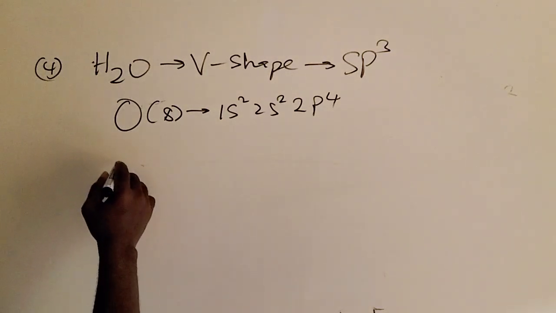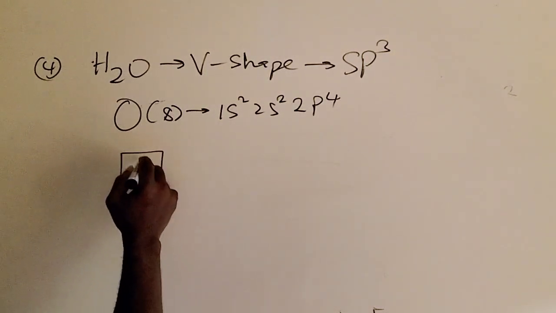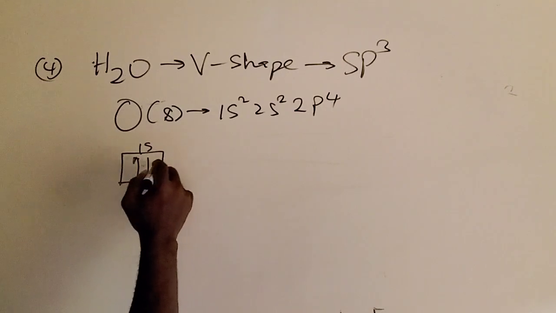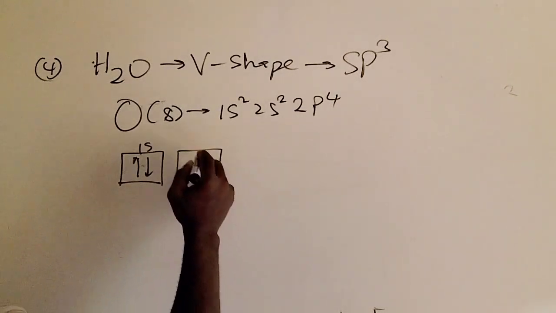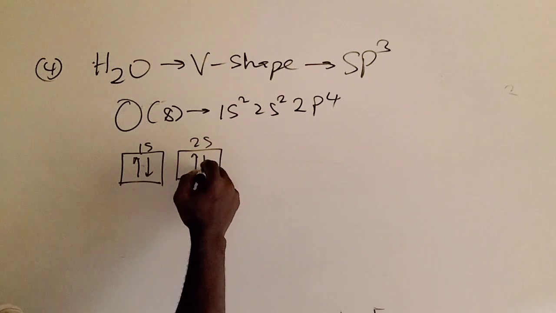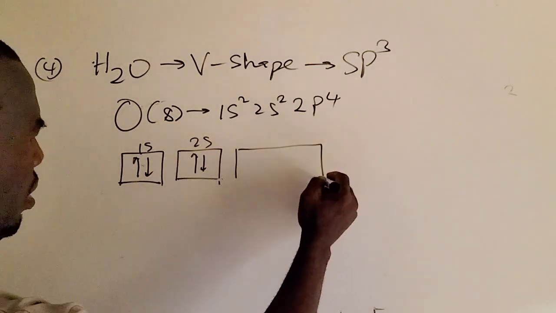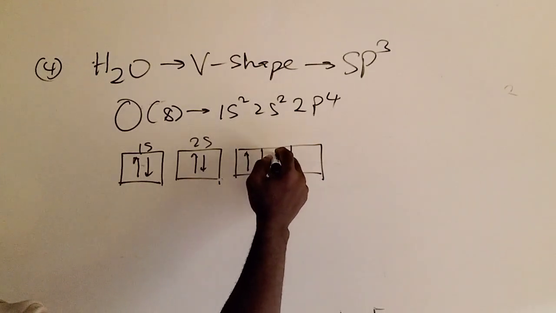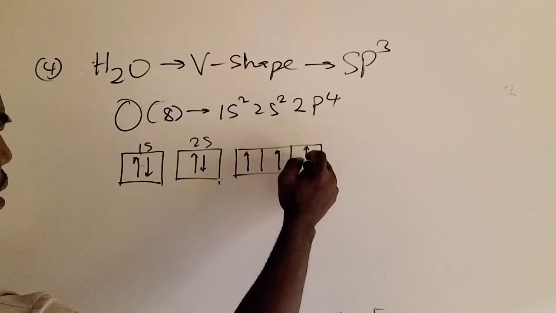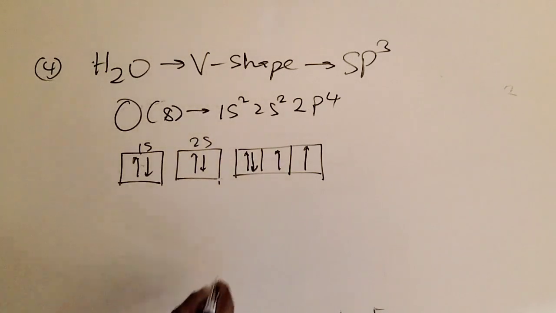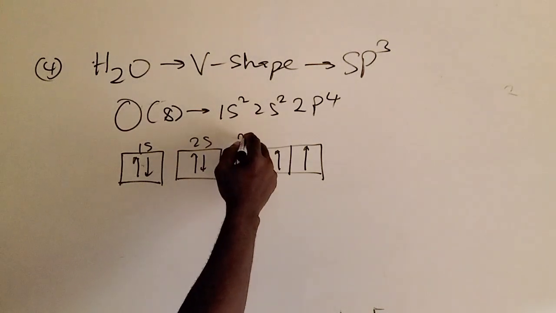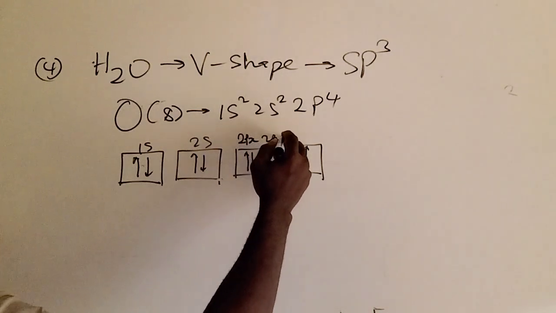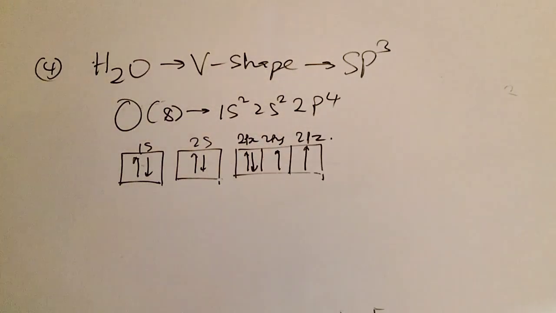Then the orbital diagram of oxygen: 1s has 2 electrons, 2s has 2 electrons, and then 2p has 1, 2, 3, and then 4, across 2px, 2py, 2pz.